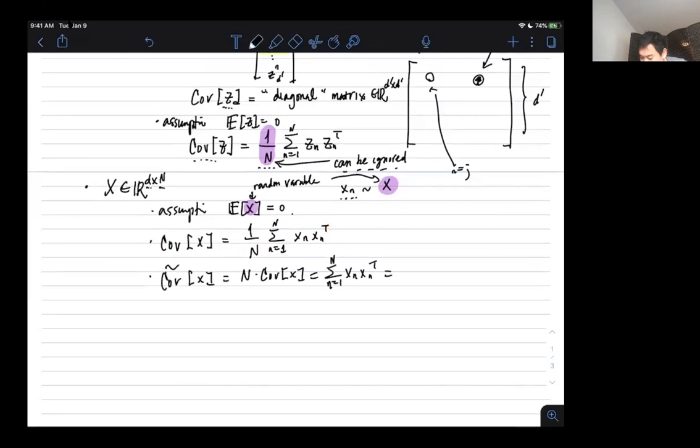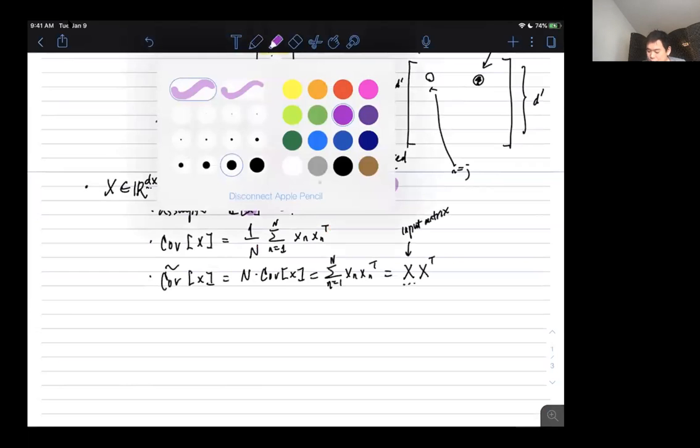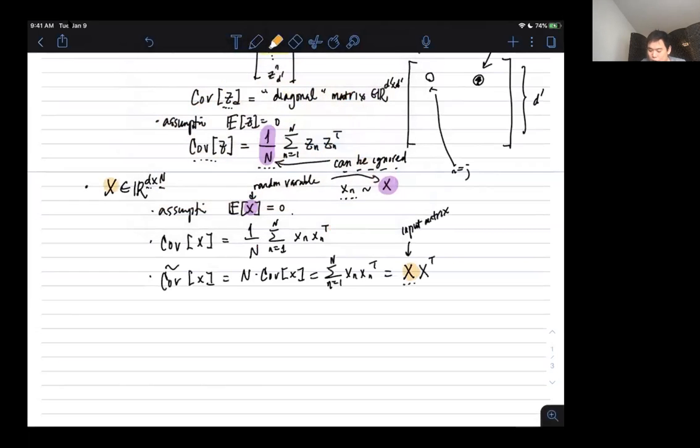And then in fact, this summation, or the sum of all these outer products of the xn's, can be rewritten as a large X times a large X transpose, where this X is going to be the input matrix. I understand that it's very confusing because similar-looking letters are used for different purposes, but it's even more confusing if we start introducing all these new variables.